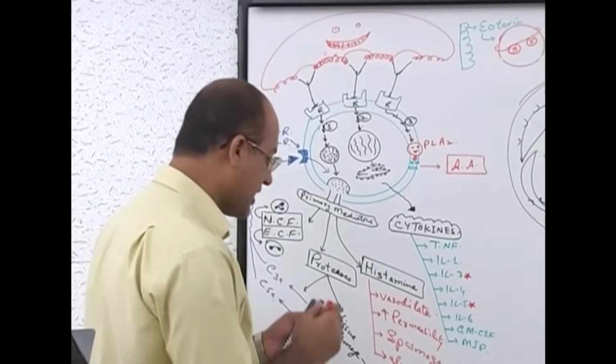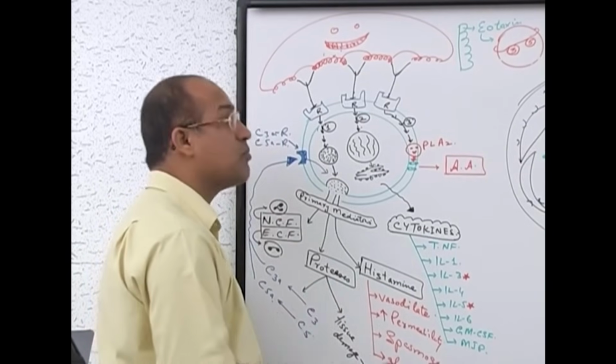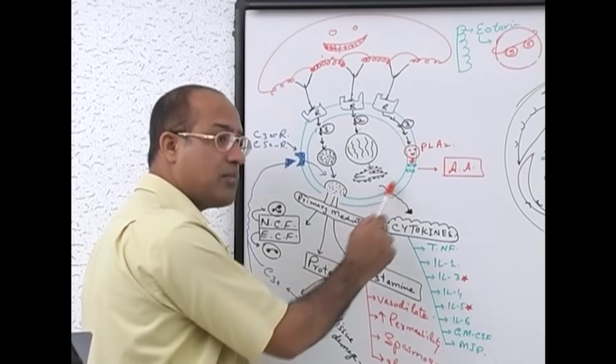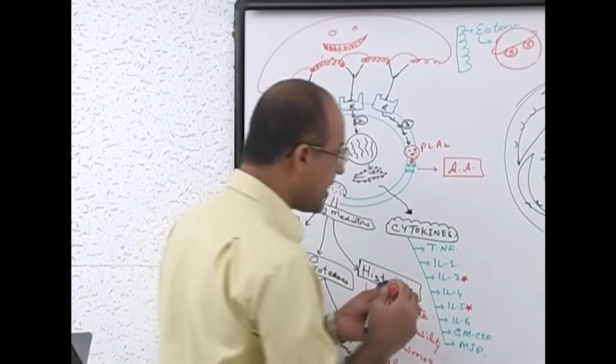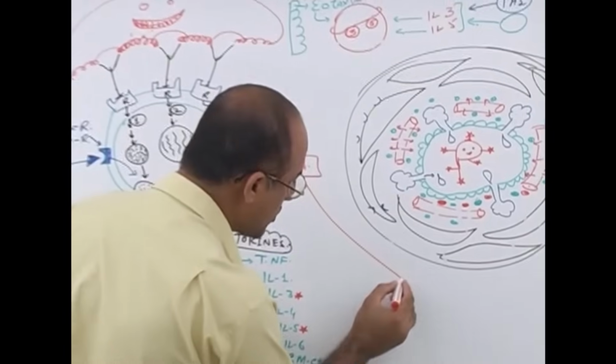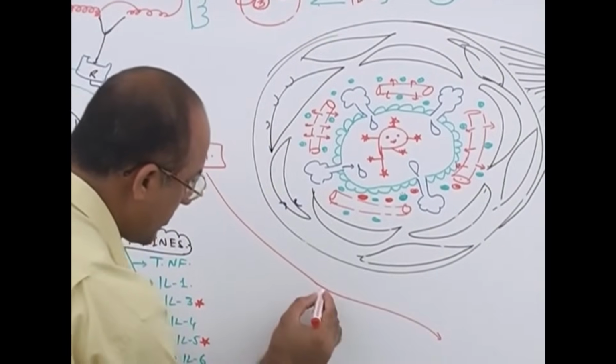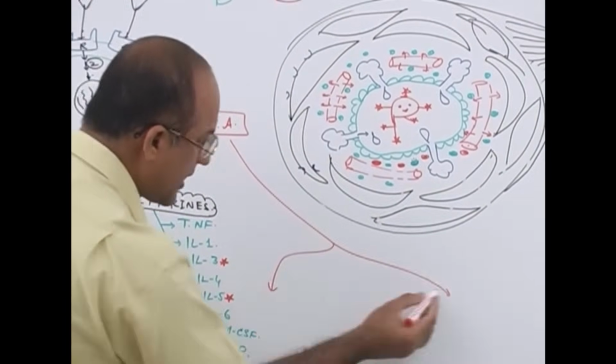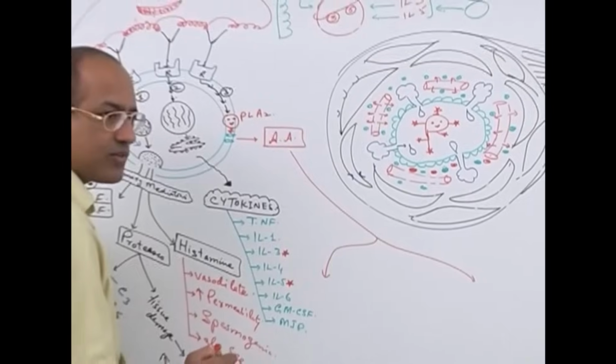Now this arachidonic acid will be acted upon by more enzymes present within the mast cell membrane, and those enzymes can take the arachidonic acid along two pathways.